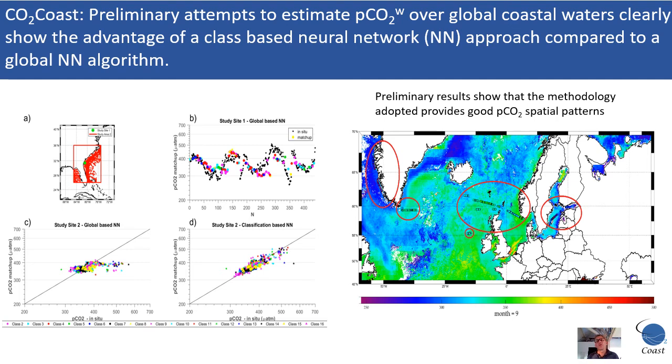In the same way, on the right side, preliminary results show that the methodology adopted provides good pCO2 spatial patterns, which is illustrated here with a good agreement between the in situ measurements and the estimation from satellite.